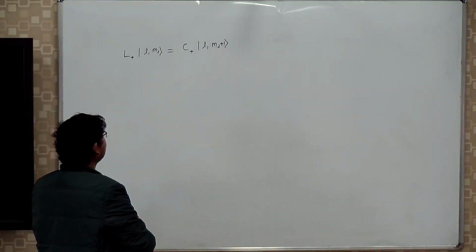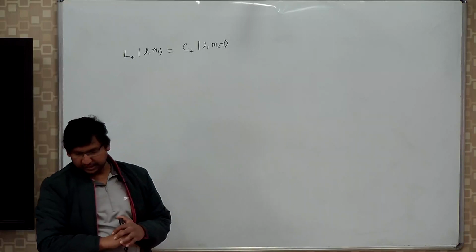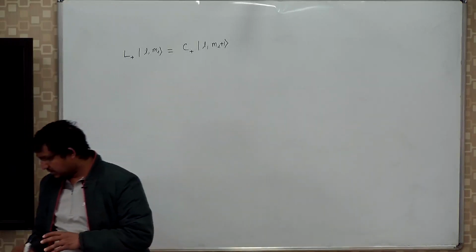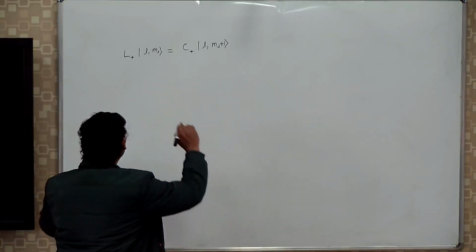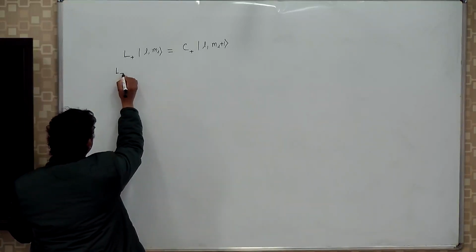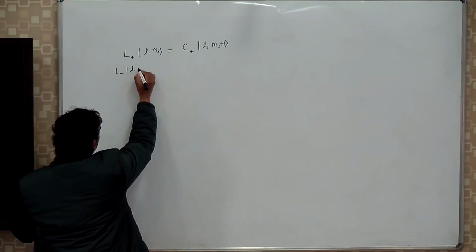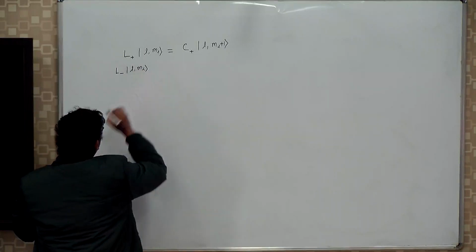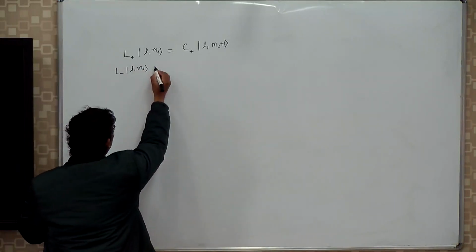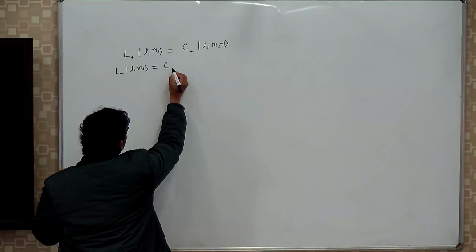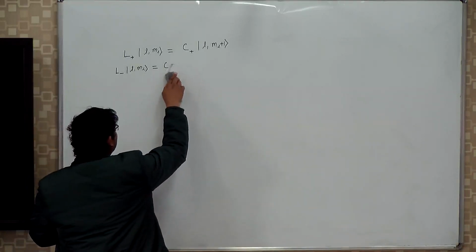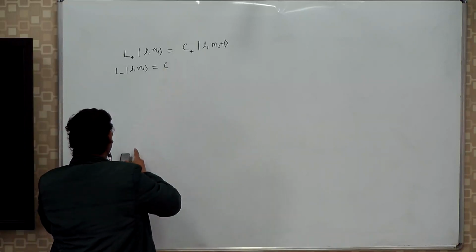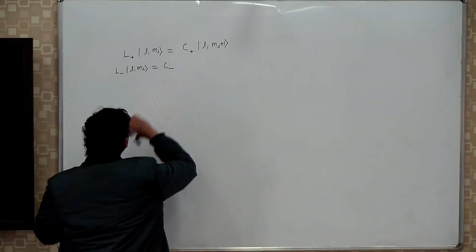Now let me continue from the same concept to find the probability density C minus, when the lowering operator L minus acts on the state vector |L, ML>.